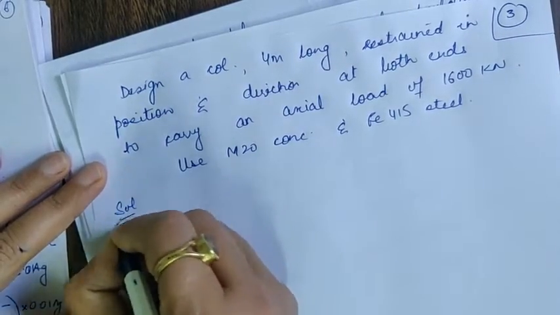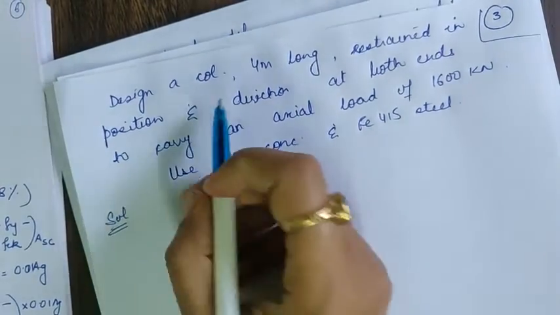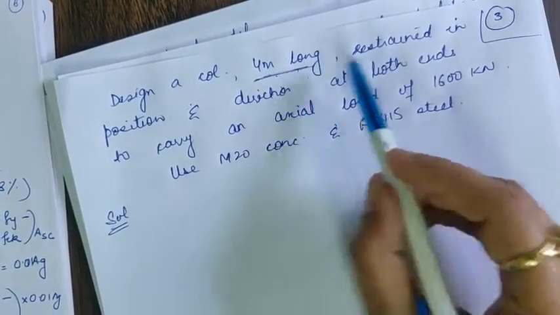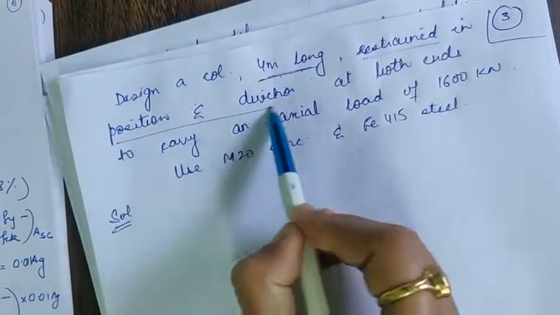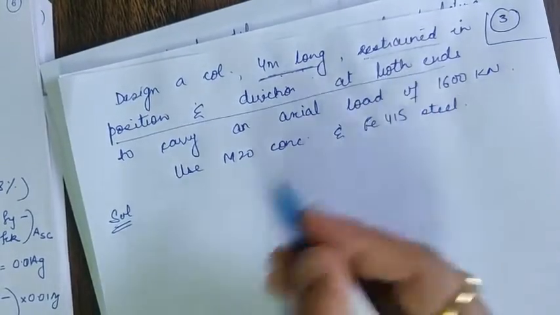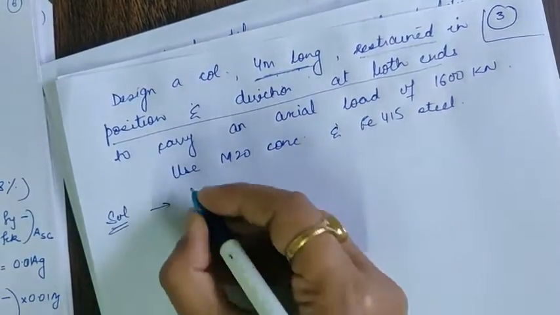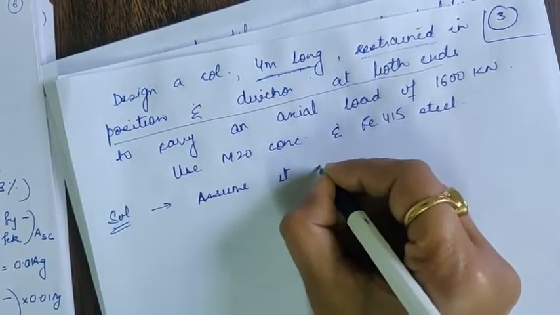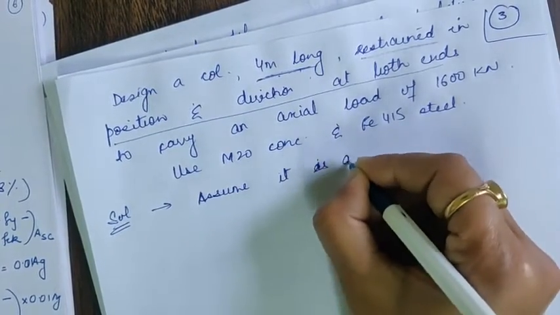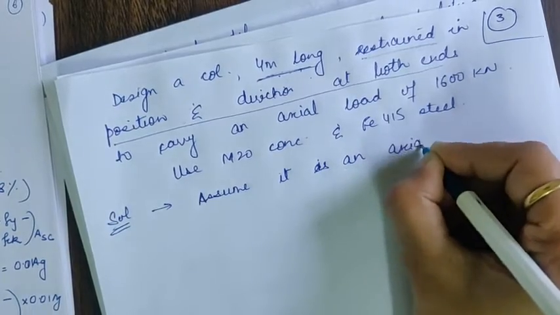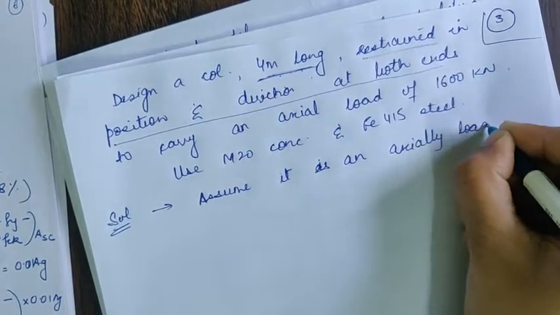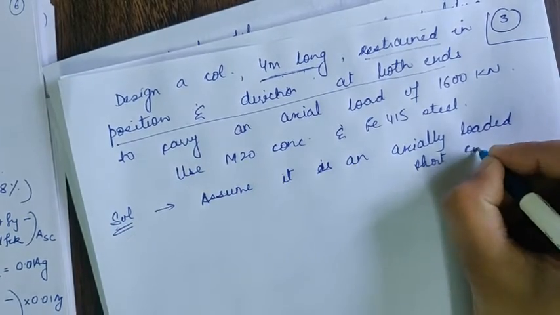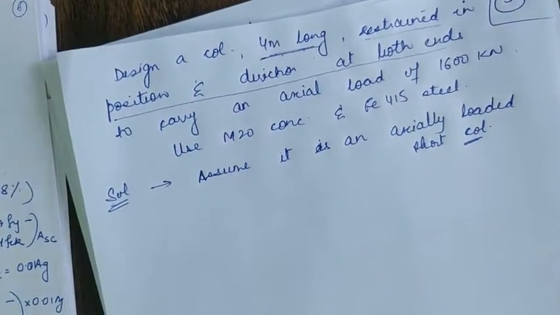The solution is very simple. We have to design a column. This is the unsupported length that is given. To find the effective length, this end condition is given, but I do not require it because I'll assume it is an axially loaded short column. We'll check it afterwards, otherwise we will not be able to move forward.